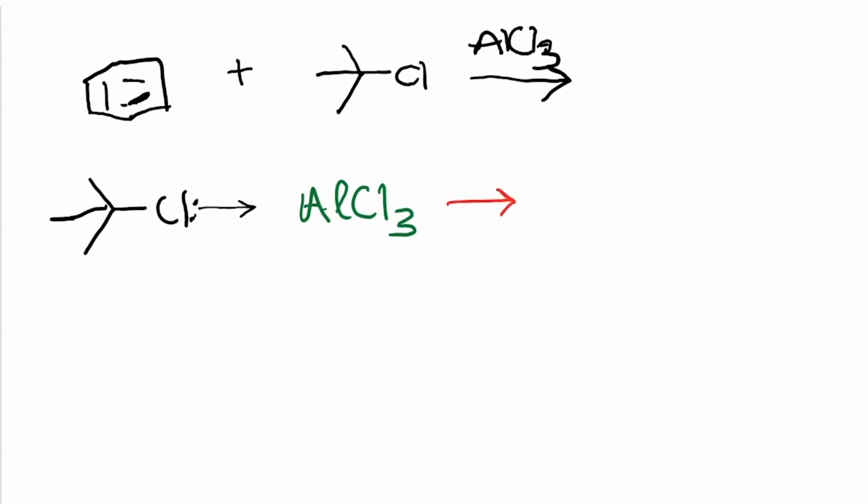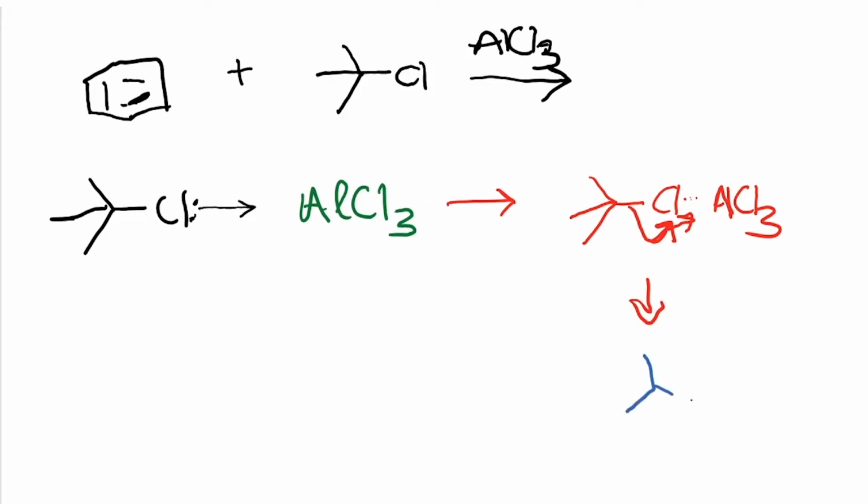This is going to result in the formation of a complex such as this, where Cl is bound to AlCl3, and then you can push electrons in the following manner, giving the formation of this bond, and it's going to give you the tertiary butyl carbocation as one of the products.